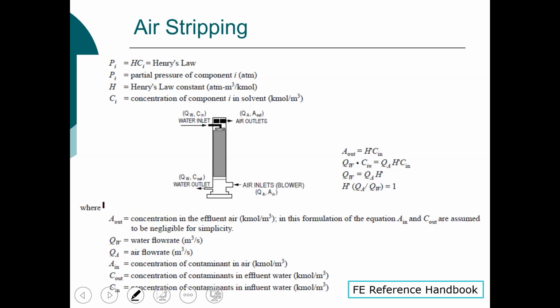Major equations here are Henry's law, and note they use H here. And be very, very careful with the H, the Henry's constants. They vary significantly in terms of units. They can be dimensionless. They can be as written here, atmosphere meters cubed per kilomole. We have a number of equations here.